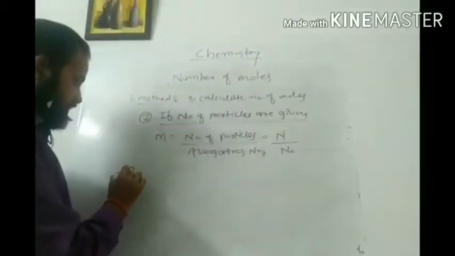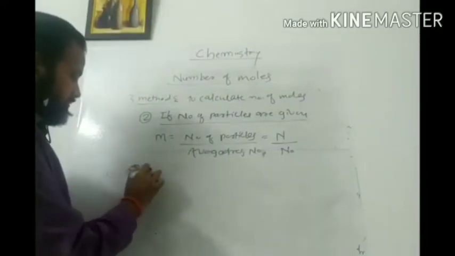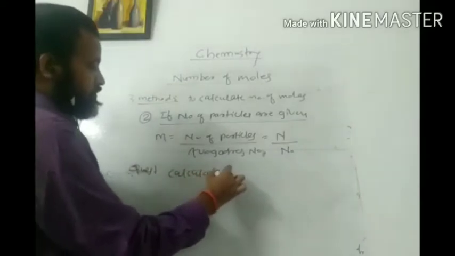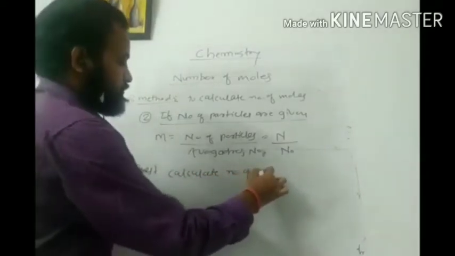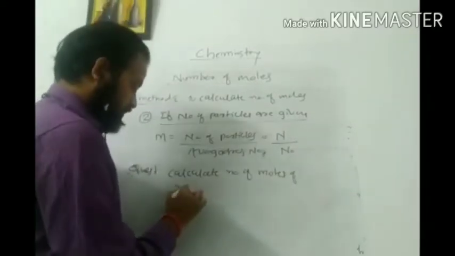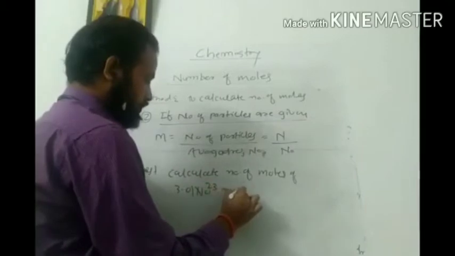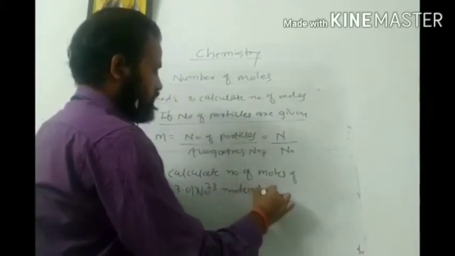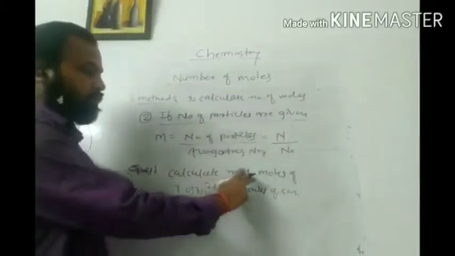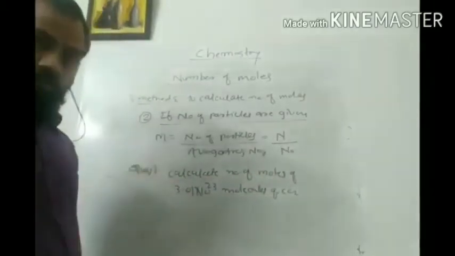For example, the question is like this. Calculate the number of moles of 3.01 into 10 raised to 23 molecules of CO2.